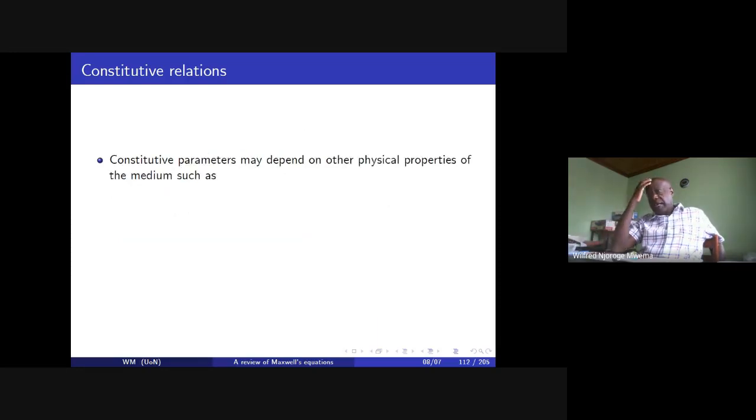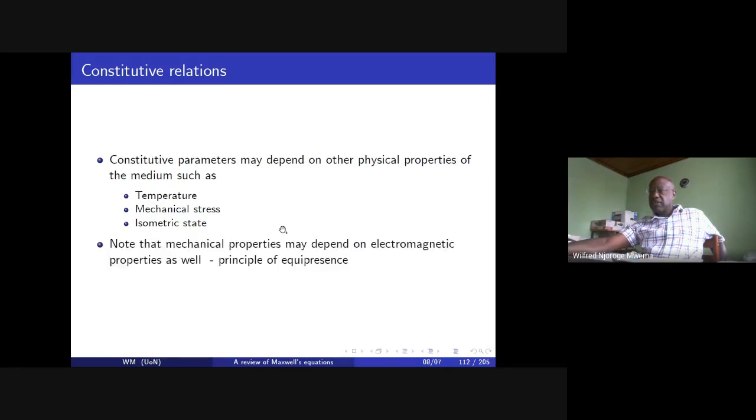So the constitutive parameters may depend on other physical properties in the medium, e.g., temperature, mechanical stress, isometric state. Mechanical stress, I'm sure you have met the concept of piezoelectricity, pyroelectric effects. Piezoelectric effects, this is mechanical pressure, while pyroelectric is dependent on heat. Isometric state, that is which direction it is.